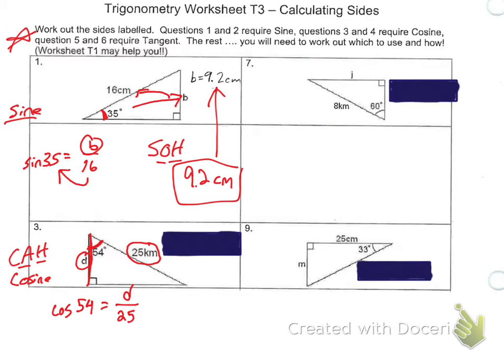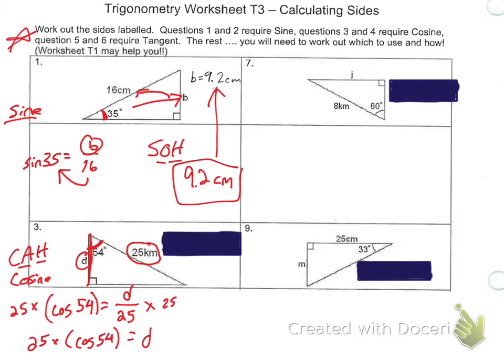So what I'm going to have to do is cosine 54, and if I want to get D all by itself, I'm then going to have to multiply 25 on each side. So it's going to be 25 times cosine 54 is equal to D.